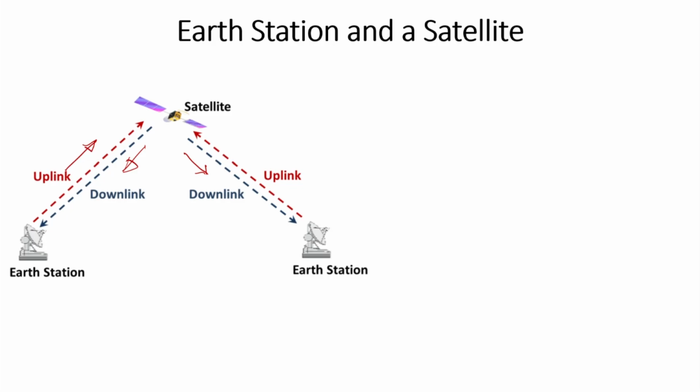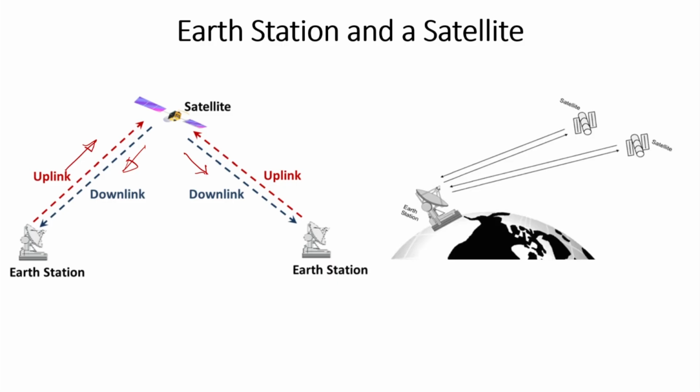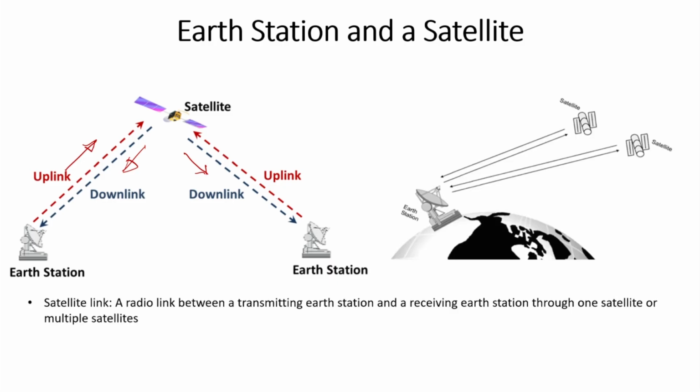There can be multiple earth stations, and one earth station can communicate with another via the satellite, with an uplink and a downlink. The other example shows one satellite and multiple earth stations; there can also be multiple satellites communicated with by a single earth station.